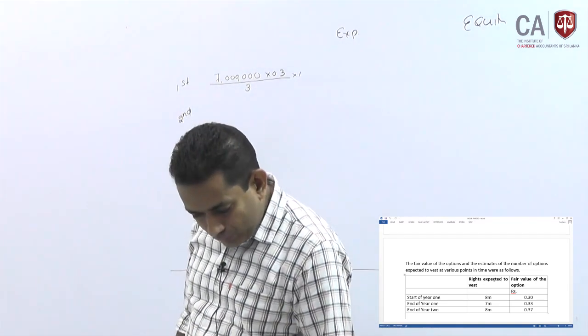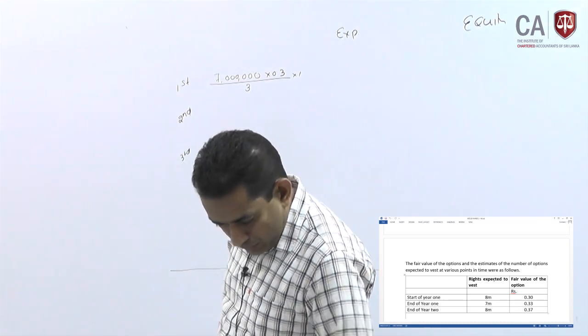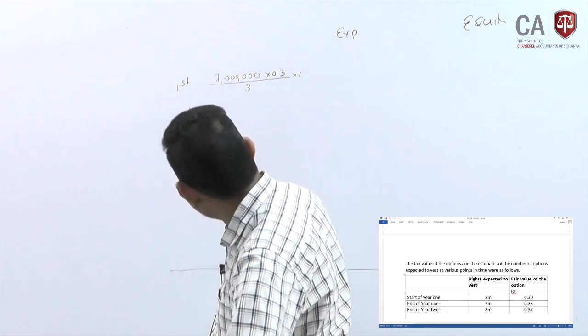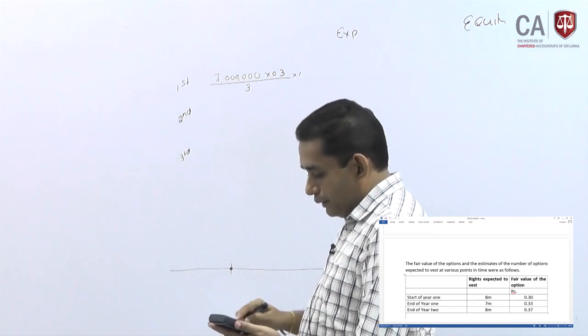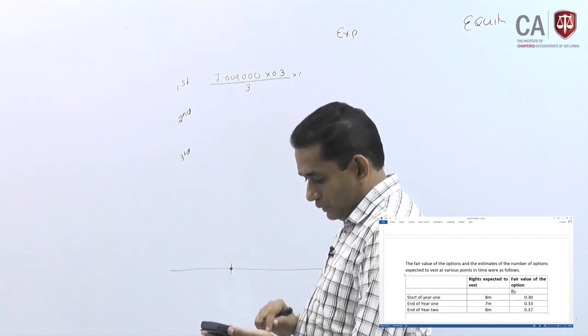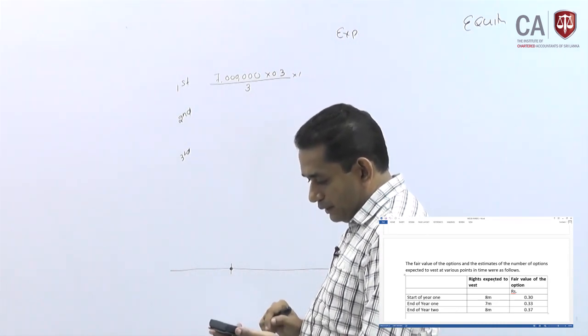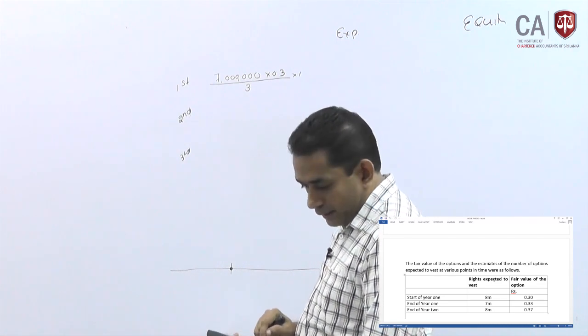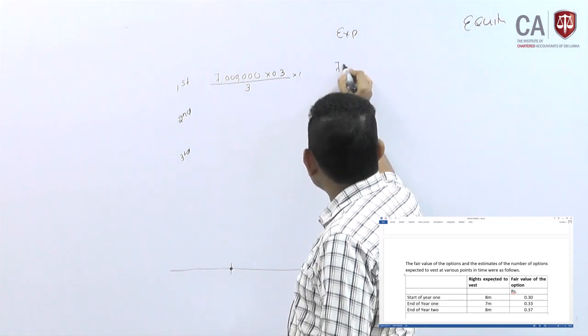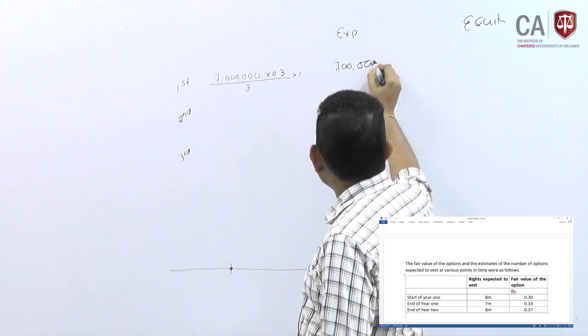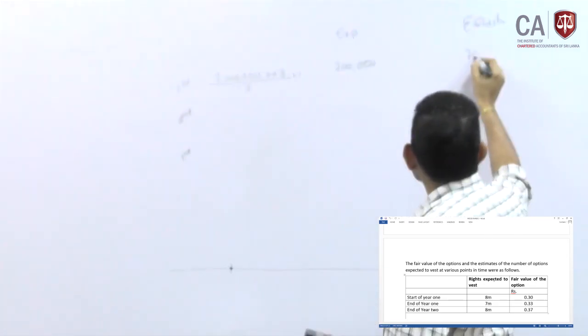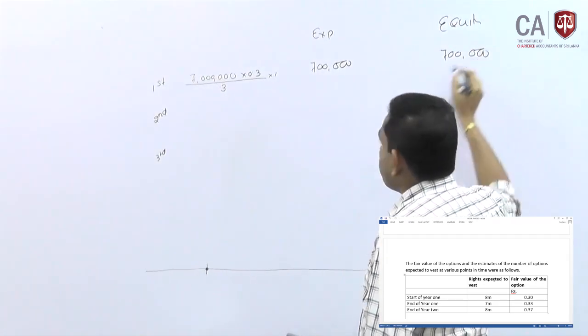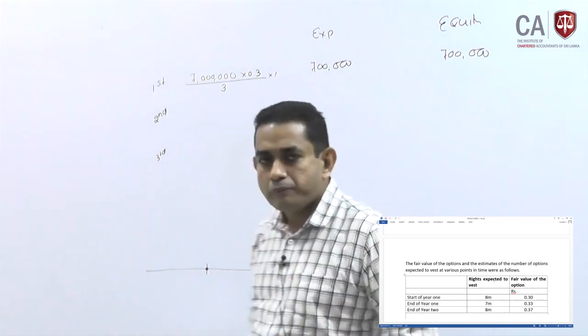Let us take the calculation: 7 million into 0.3 divided by 3. The expenditure for the first year should be 700, and you should credit that to equity, 700.